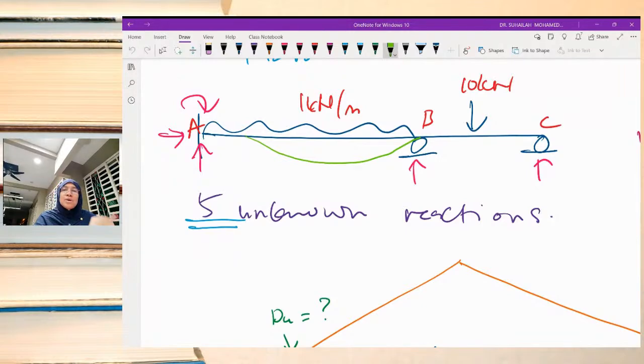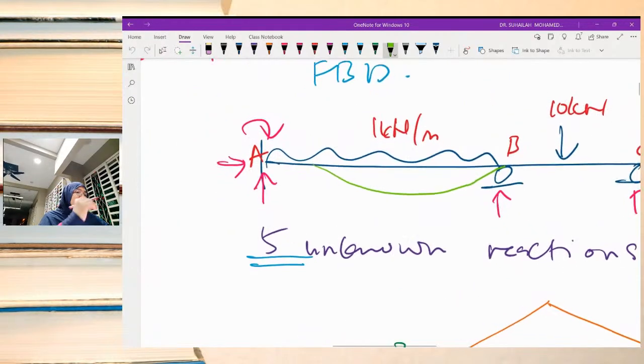In order to understand this, we have to understand the fixed end support. At a fixed end there is no rotation, meaning rotation at A is equal to 0.